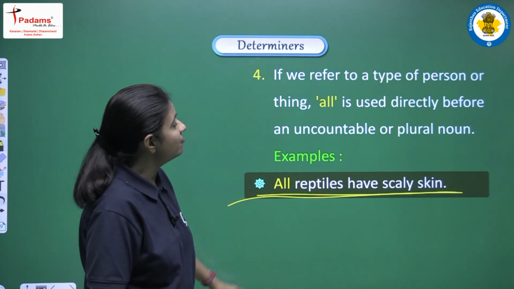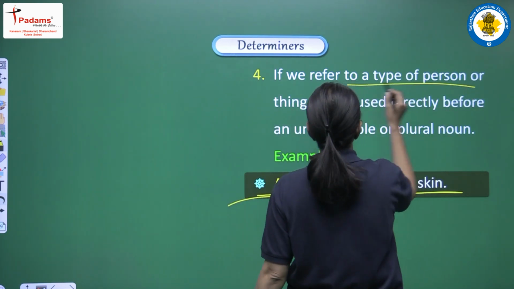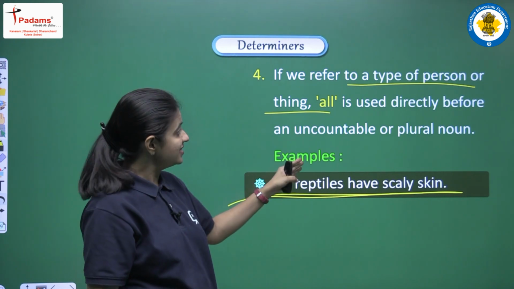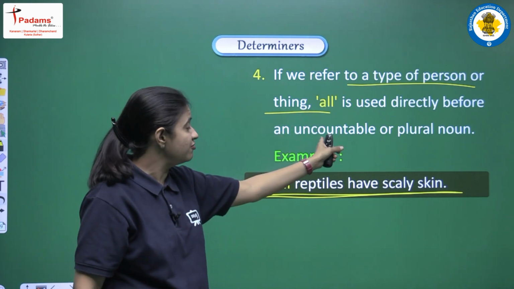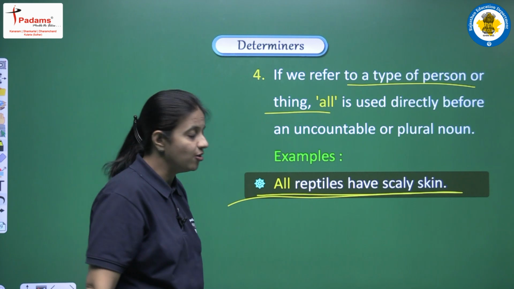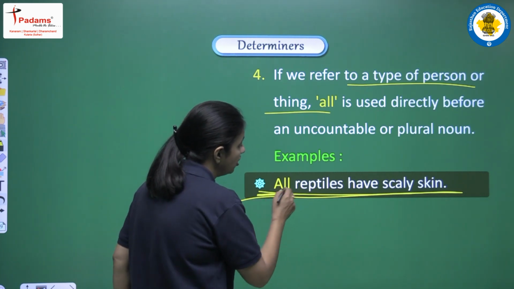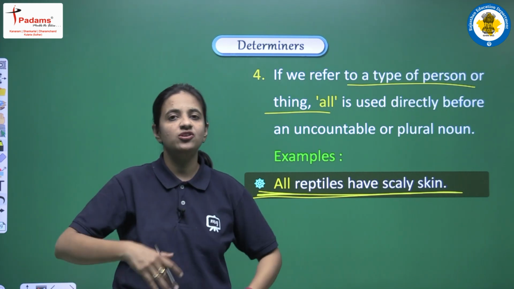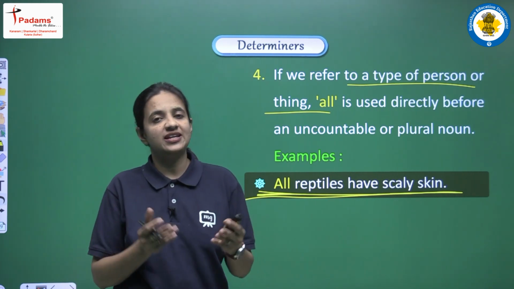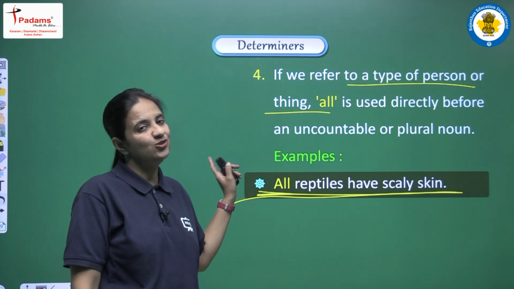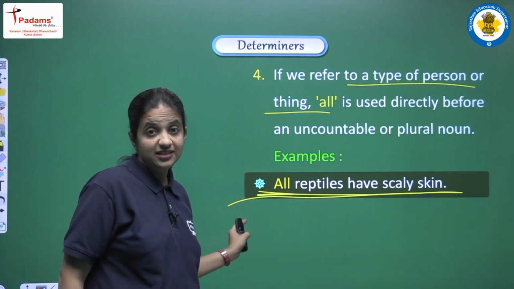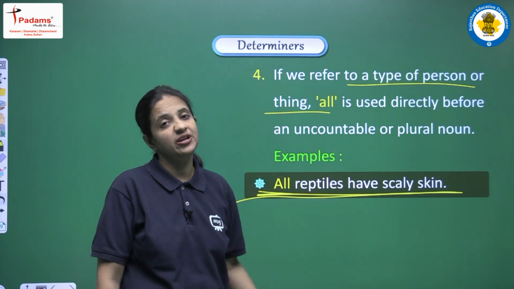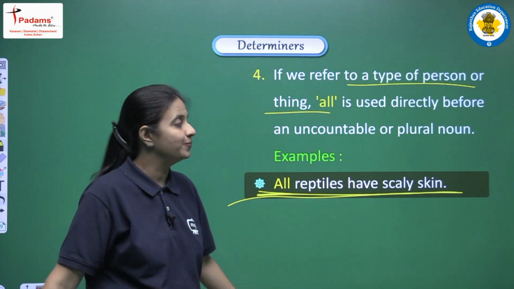So when we are referring to a type of person or thing, here we are referring to all reptiles, and this is the reason all is used directly before an uncountable or plural noun. So when we are talking about a type of person or thing, we can use all in this manner: all will be used directly before that uncountable or plural noun.